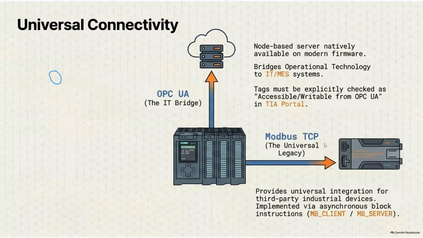Assume there are 10 of these devices here. All these 10 have to communicate with this one, but none of them have Profinet communication.